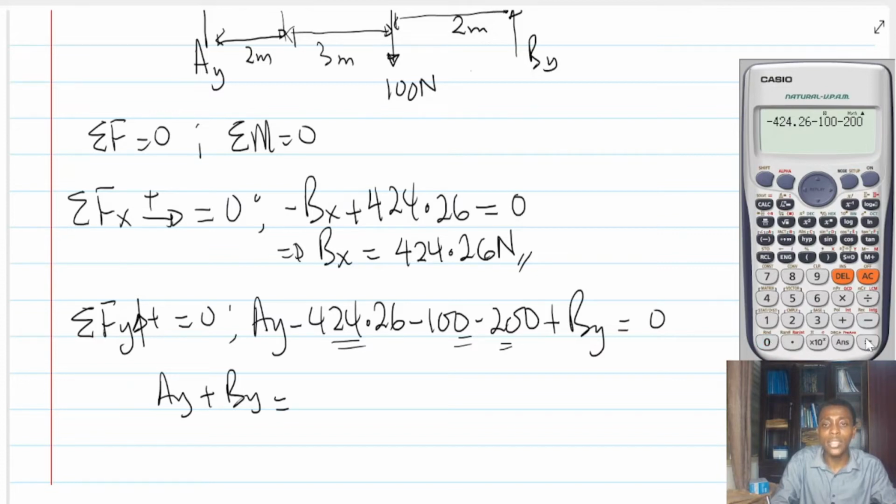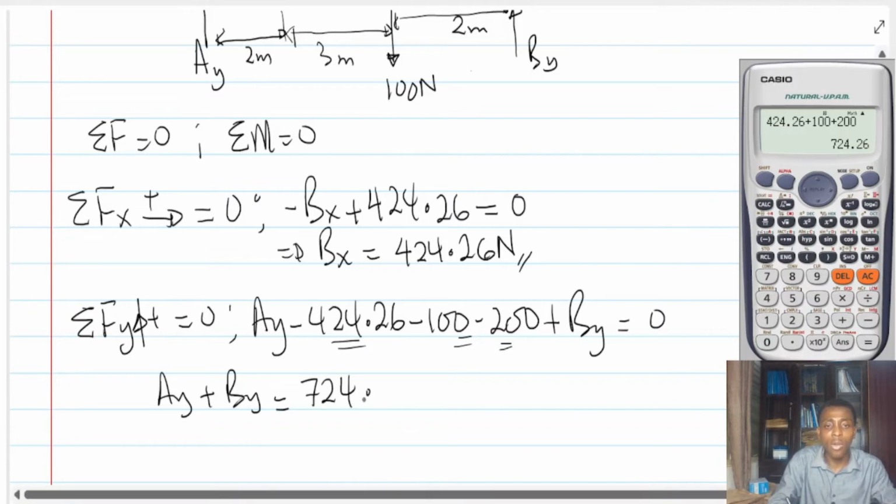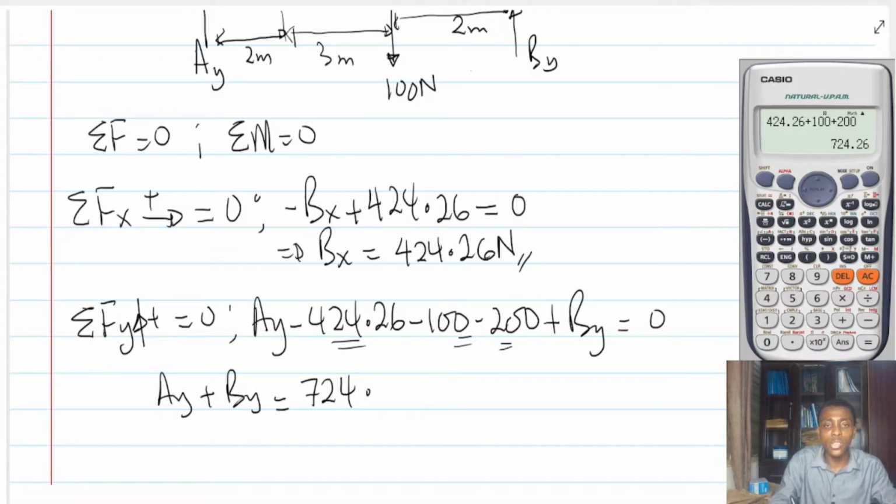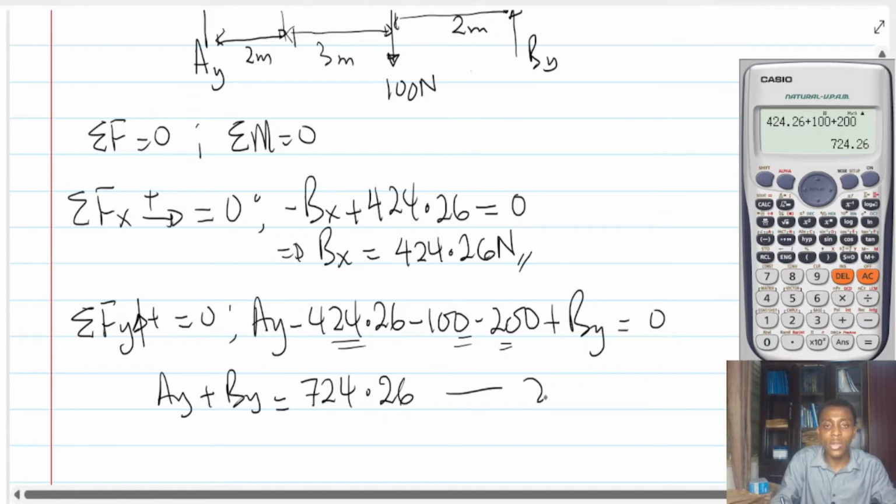Let me do it just plus, because when it moves to the other side, it's going to be plus. So 424.26 plus 100 plus 200, and this is going to give me 724.26. So let's call this equation 2, and this was equation 1.